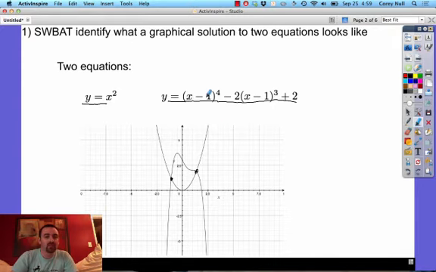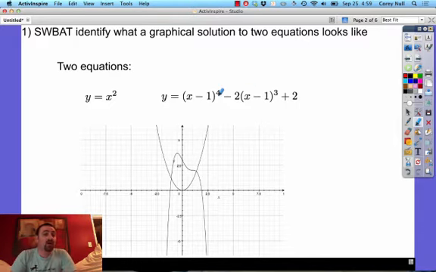Okay, so this graph, the one facing downward you could say, and this one, the parabola x squared, the places where they have common points are their intersections and therefore their solutions. Okay, so this is going to be true with lines as well.